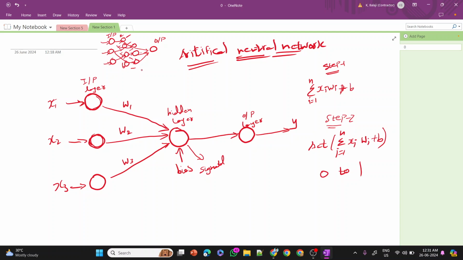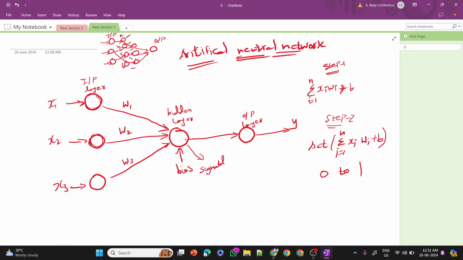But when a neuron has a value of 1, we give a high priority to the neuron and the information it has.